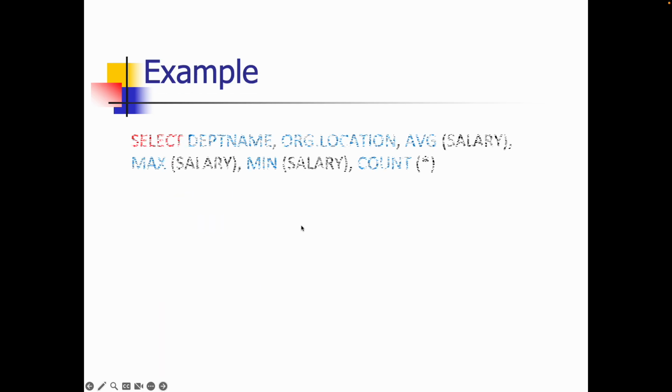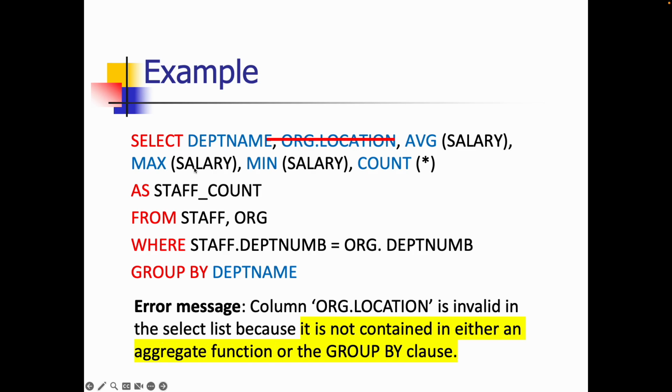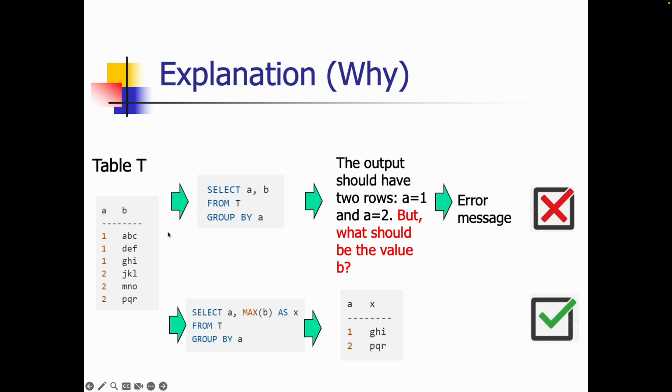So we also provided this example, which shows that you cannot select any column that you want when you're using group by. I also explained why, so I think we don't need to explain it again.